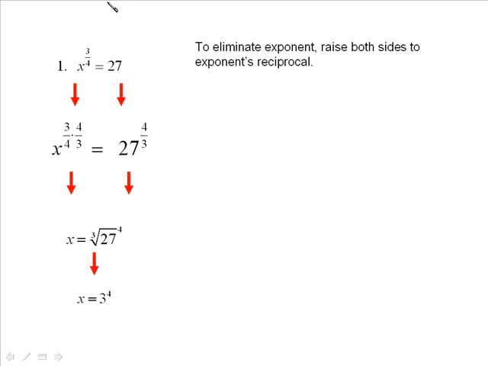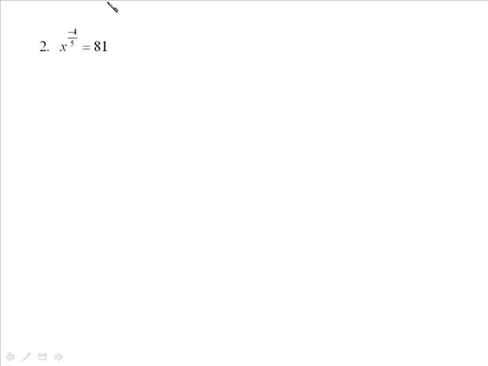And that means that x is equal to 3, which is the cube root of 27, to the 4, taking us to x equal 81. So we use this method for every question we see of this sort. So I'm going to go through another 5 or so, 6 maybe, examples and showing variations of it.